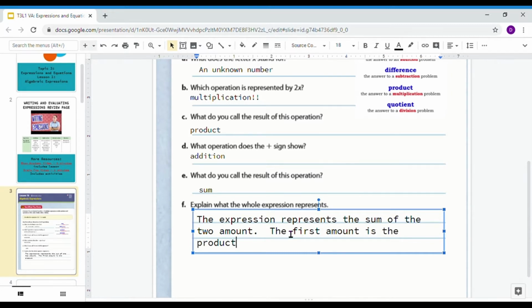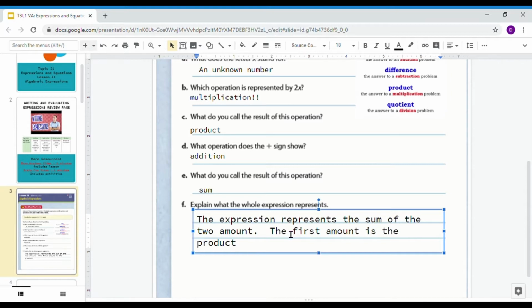It's absolutely important that you guys are not just saying the first amount is the answer of the multiplication problem. Use that verbiage that you know. It's going to help you so much in the long run. Just by even remembering, if I continuously write that the answer to a multiplication problem is a product, then in my head it is never a question of what the answer to a multiplication problem is.